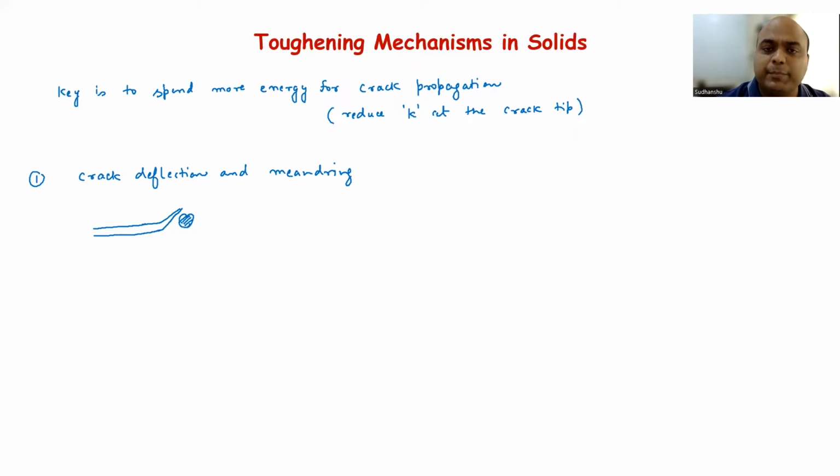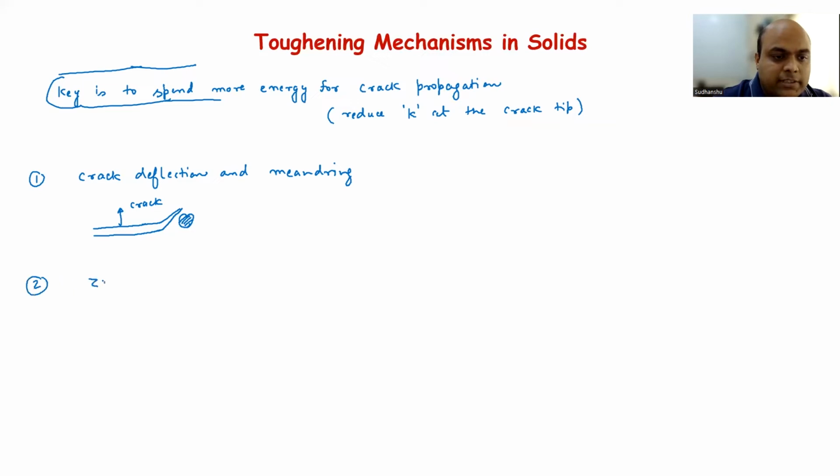So in metal matrix composites, we had this crack deflection when the interface was weak. Okay, so that is crack deflection. So this is your crack here. And now when the crack is being deflected, the crack length is becoming higher. That means you are spending more energy for crack propagation. That is point number one here. So as soon as you do that, you are increasing the toughness of this solid. Okay. So this is point one.